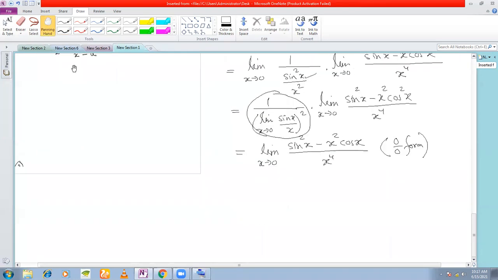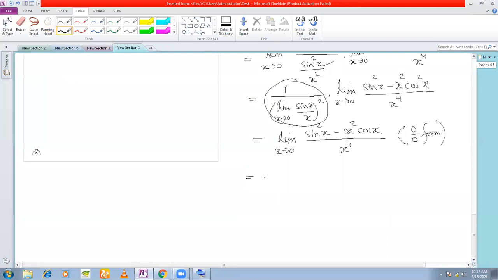Now we apply L'Hospital rule here. Is equal to limit x tends to 0, this is a cos square x here.